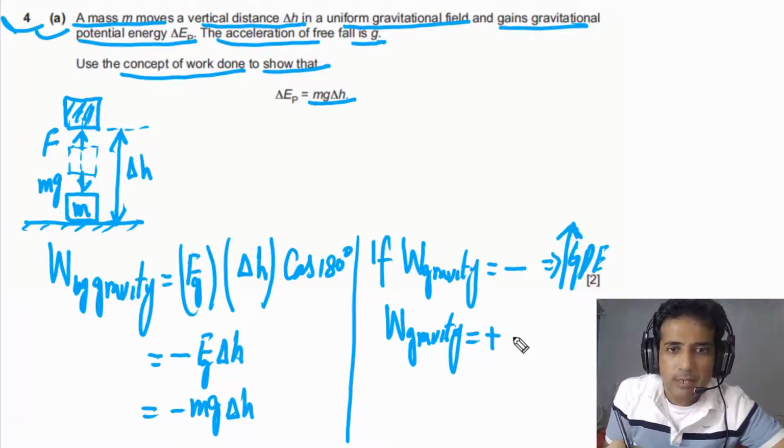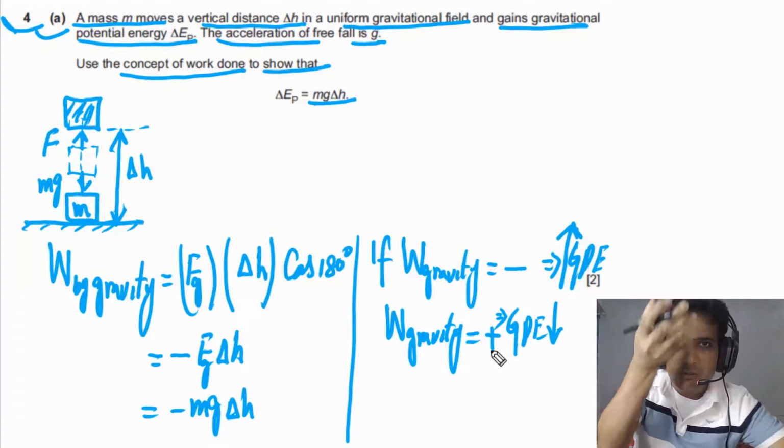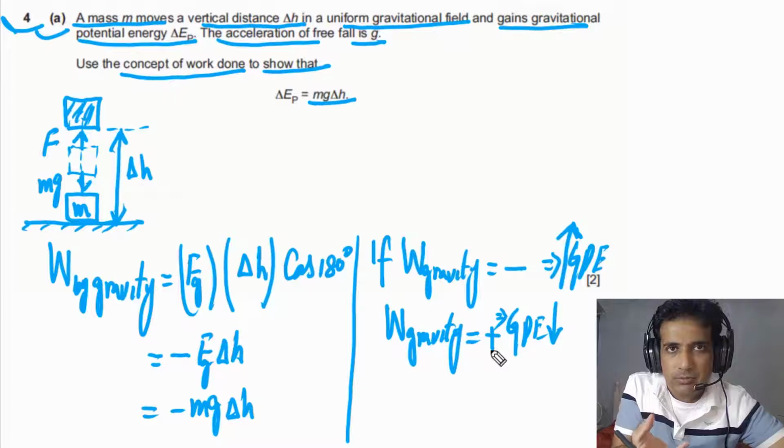If work done by gravity is positive, GPE will decrease. So this is also something you need to understand. When the object is falling, work done by gravity is positive, so the gravitational potential energy of the object is decreasing and the object is gaining kinetic energy if there is no air resistance. A very important point to understand.